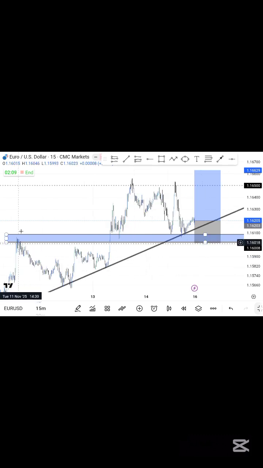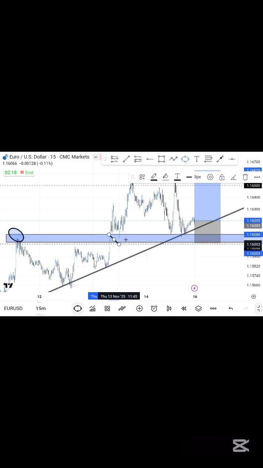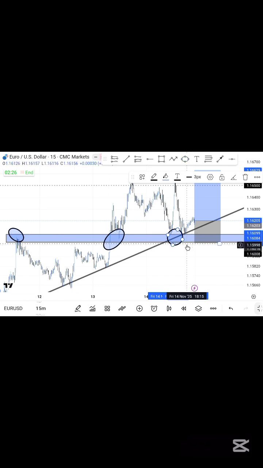Firstly, I'm buying because price reacted here. You can see this first touch point, our second touch point, and honestly our third touch point.